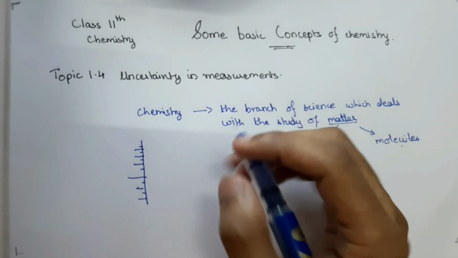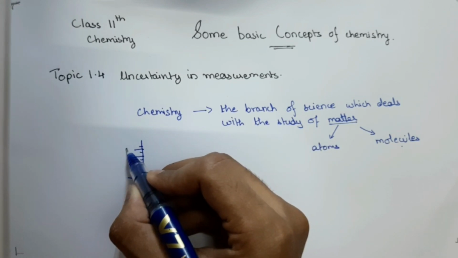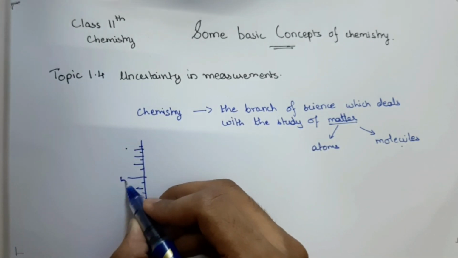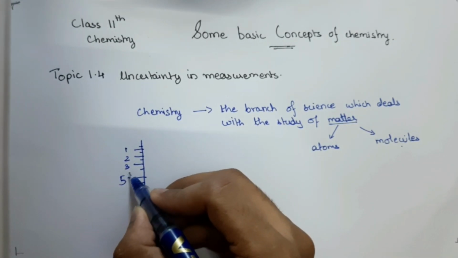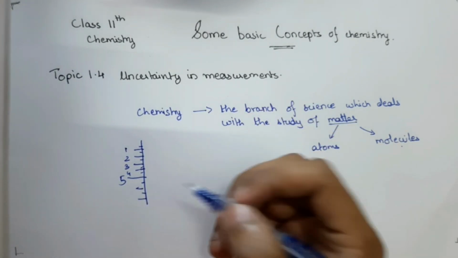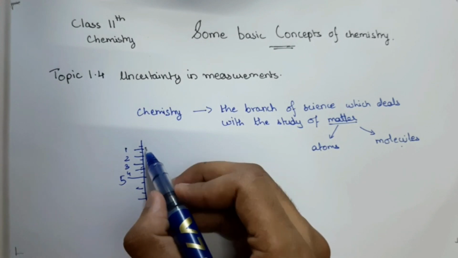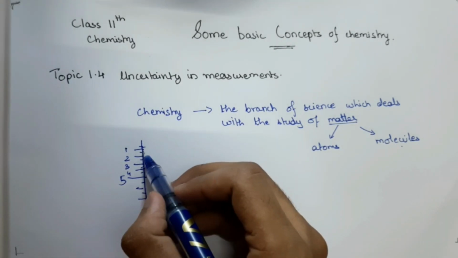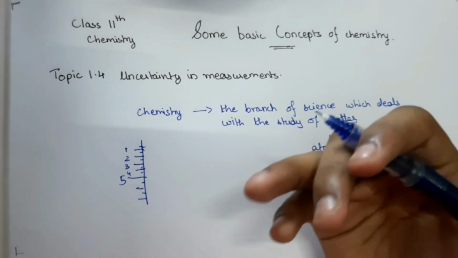So what happens many times is that, let's just say that this is 1, 2, 3, 4, 5, and we want to mark 1. Sometimes what happens is that we mistakenly mark 0.9 or 1.1 or 1.2 or 0.8.